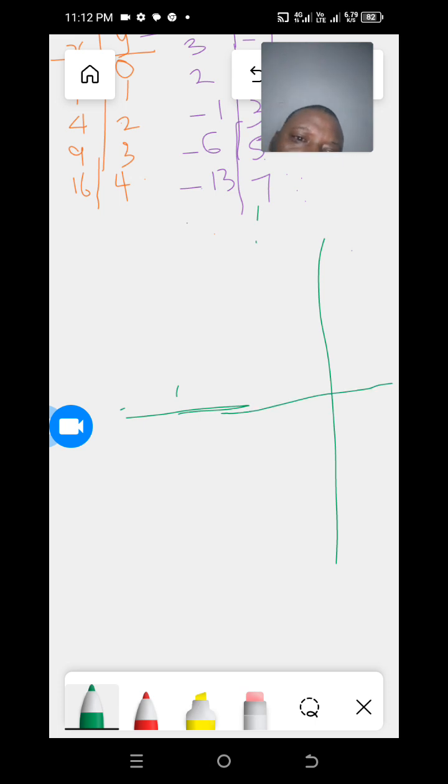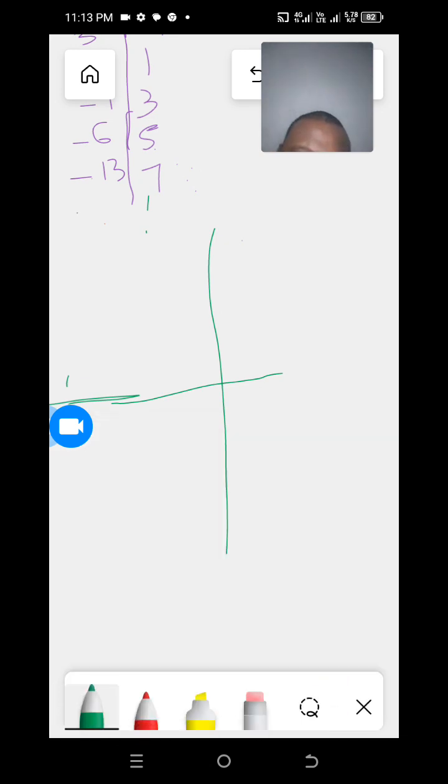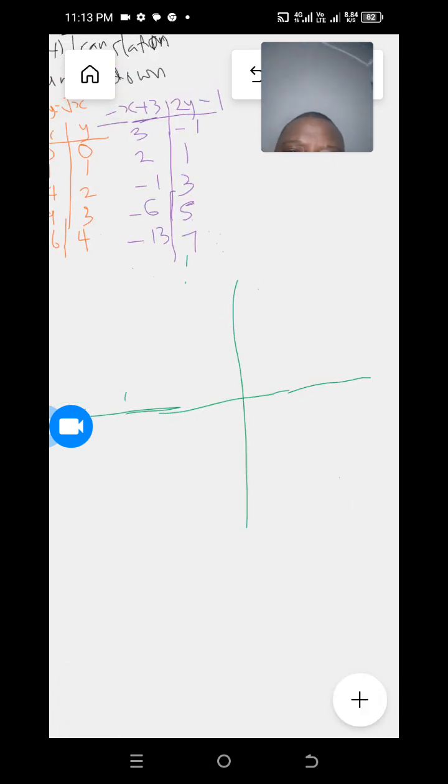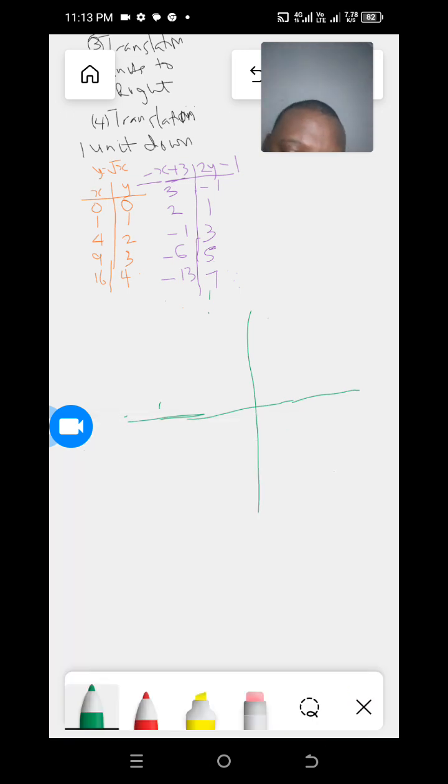We complete this to get at least accurate values. So when x is 2, let's say this is 2, this is 3, this is negative 1, we have negative 6 and we have negative 13.